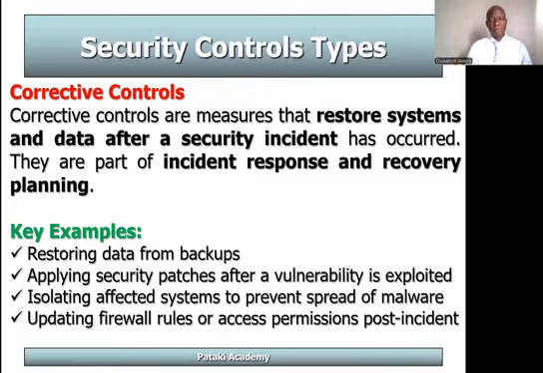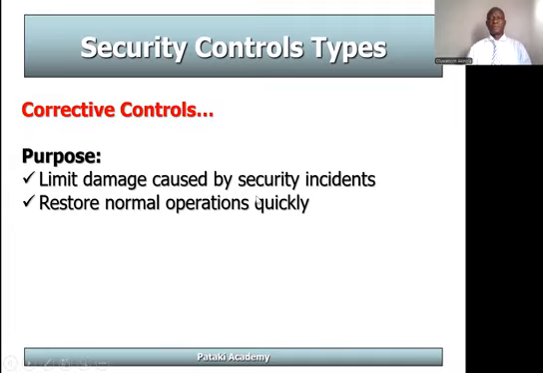That's number 1. Applying security patches after a vulnerability is exploited, isolating affected systems to prevent spread of malware. Then lastly, update firewall rules or access permissions. Corrective control purpose. It limits damage caused by a security incident. It restores normal operation quickly.